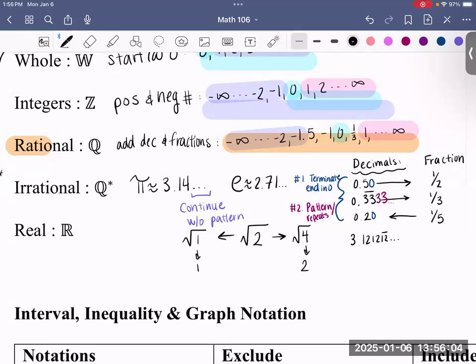So the square root of 2 must lie in between 1 and 2. It happens to be 1.41 dot, dot, dot, again without pattern or repeats. So any sort of square root that comes out unclean, so not like numbers 1, 4, 16, 36, and so forth, would be considered irrational.